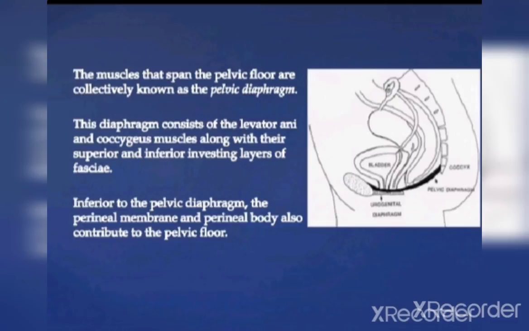This pelvic diaphragm is of very great importance. It consists of two muscles, the levator ani and the coccygeus muscles, along with their superior and inferior investing layers of fascia.